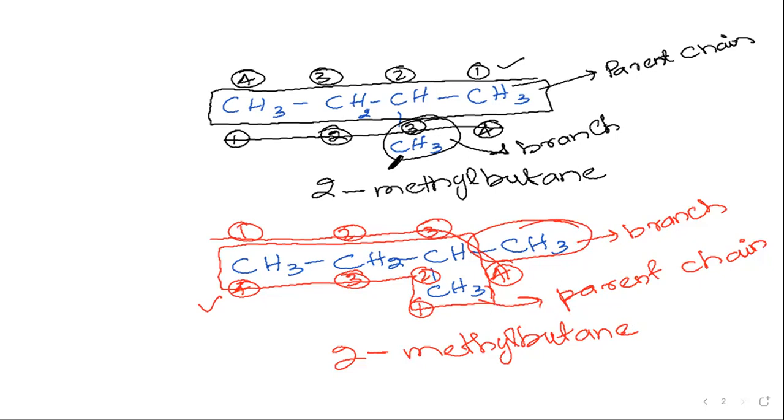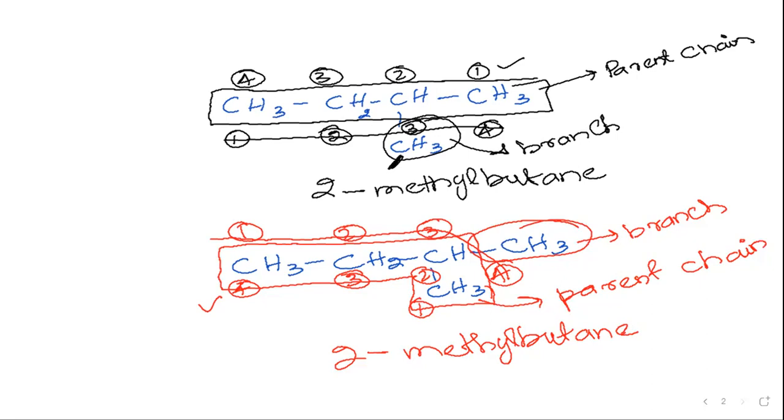There you go. In both cases, whether you come up with the straight longest chain in the red method or in the black method, you will end up with the same name if you follow all the steps of naming correctly.